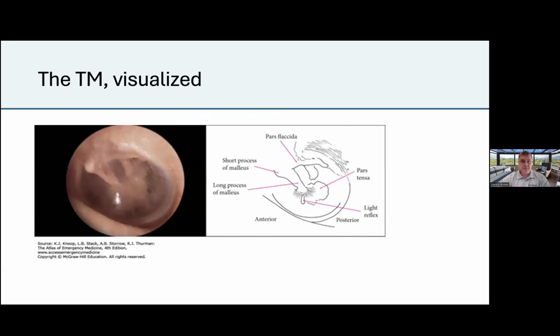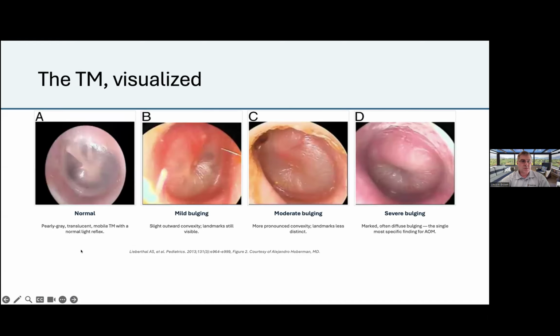The authors were polite enough to give us a brief reminder of the structures, with specific emphasis on the short process and the long process of the malleus as well as the pars. So normal: pearly gray, translucent, mobile with a good light reflex. As we start to get effusion, the short process gets less well defined.